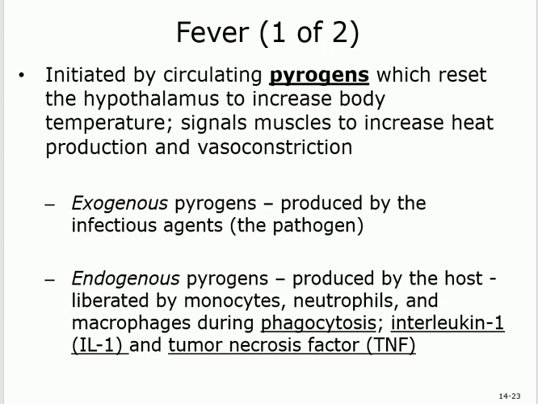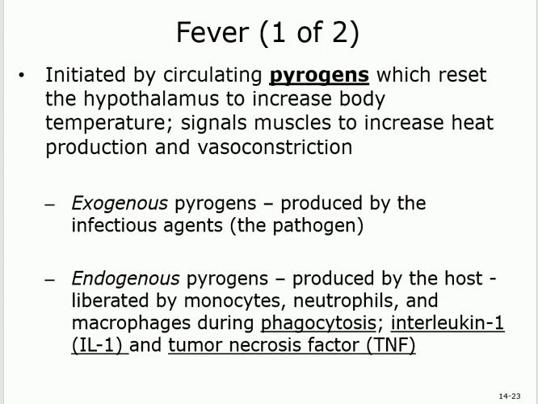This is the main thing. Muscles are going to contract, and vasoconstriction keeps our heat. Both combined lead to elevation of body temperature, which is fever. So what's a pyrogen? It's a fever generator, right?